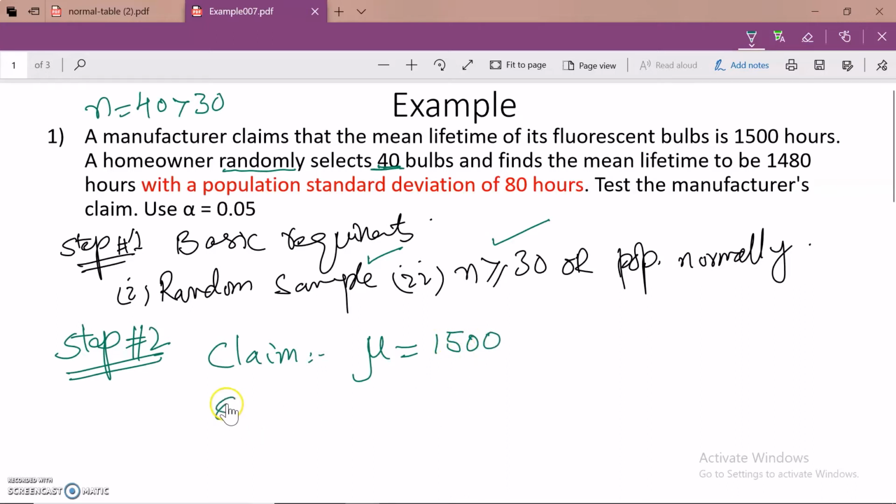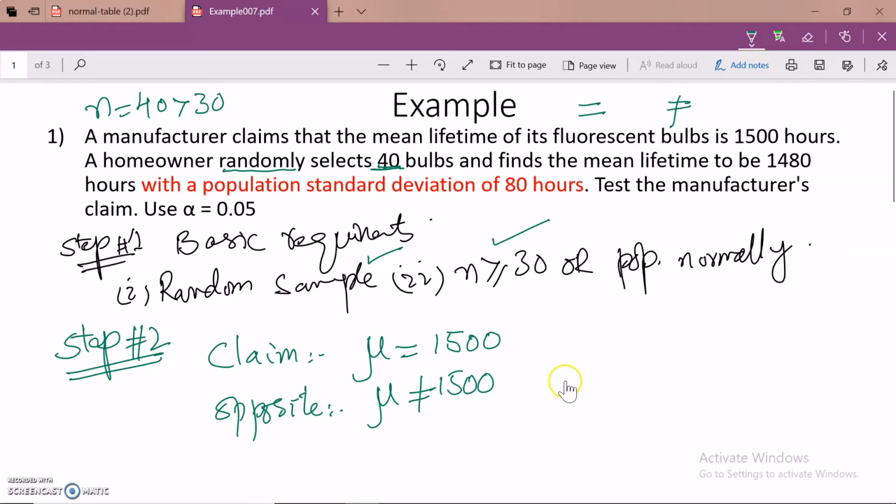So what is the opposite of that claim? The opposite will be mean is not equal to 1500. I hope you remember, if we have an equal sign, its opposite is the not equal sign. I told you earlier also.